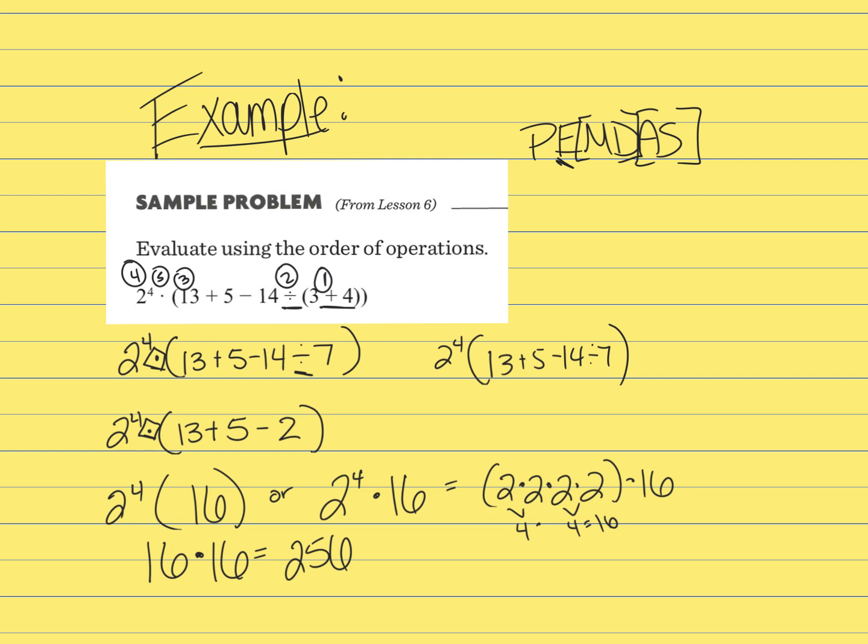We will probably use calculators within this module because it's not about the calculations being correct. It's about you getting the process down and knowing the steps. So look at everything that I wrote out just to evaluate this expression using order of operations. We essentially simplified it down to 256, okay?